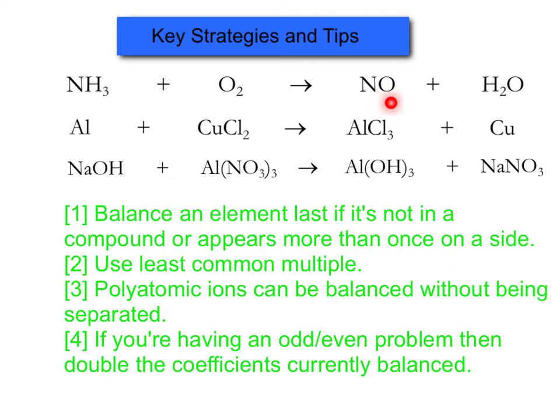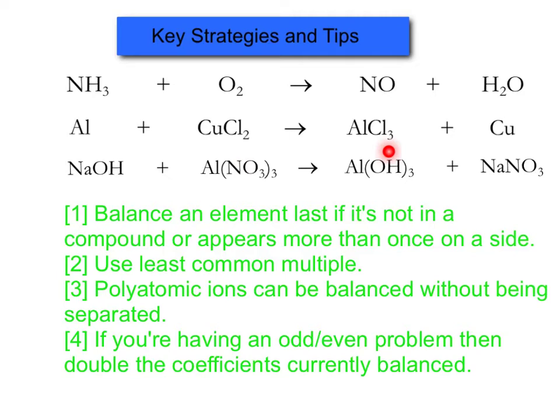Another strategy is to look for least common multiple. You can see in the first equation that there are 3 hydrogens on the left and 2 hydrogens on the right. And so the least common multiple for hydrogens is going to be when we have 6 hydrogens. This technique will also be used in the second equation where we have 2 chlorines and 3 chlorines on the left and right respectively. Our third strategy is about polyatomic ions, and it is that you don't need to separate them.